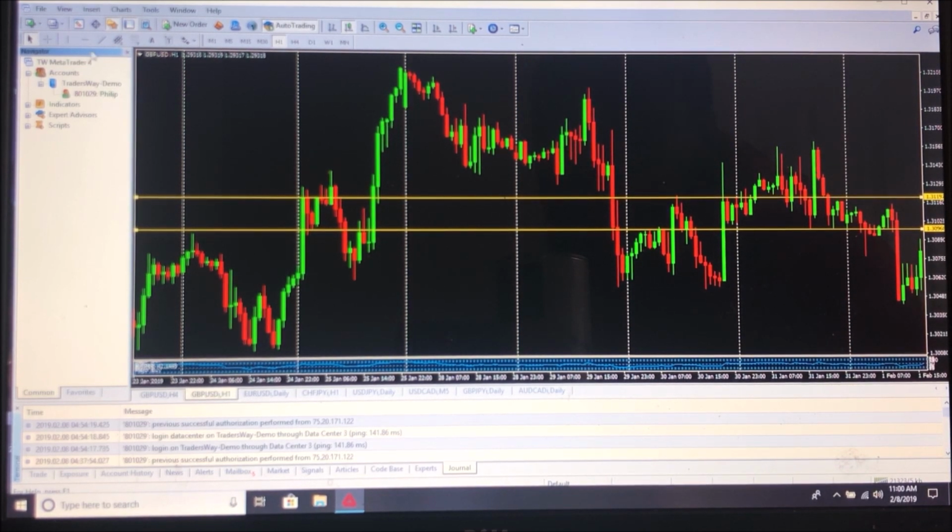So let's go 10 pips away for the buy stop. If it's 1.31197, then our buy stop needs to be 1.31297.